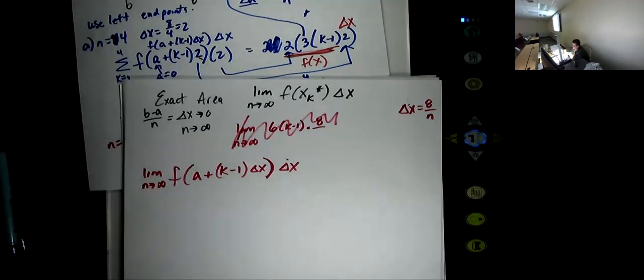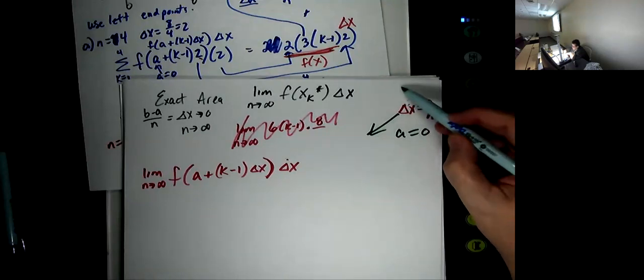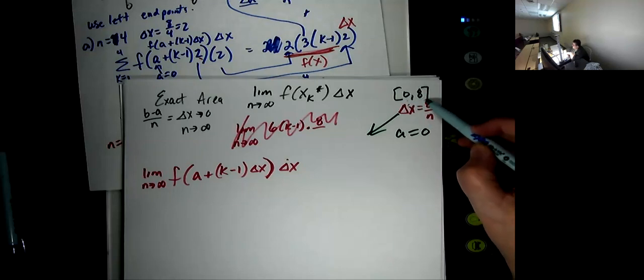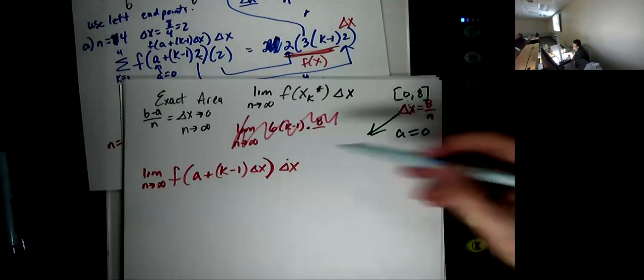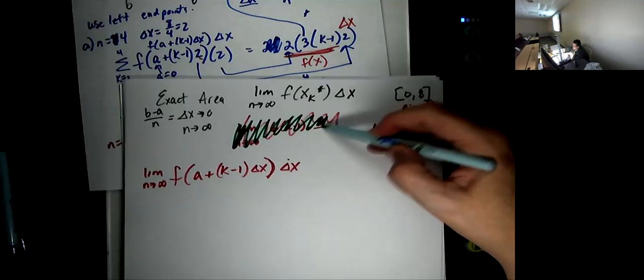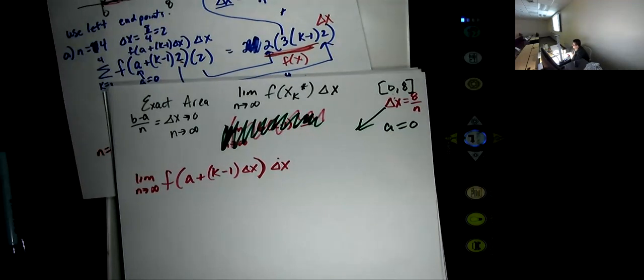We got delta x here. We know a equals 0 because the boundaries were 0 to 8. Does that make sense? Get rid of what I said a little bit ago. I tried to shorthand it to speed it up, and there's no speeding this up. We got to do the long form here.